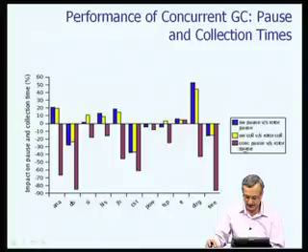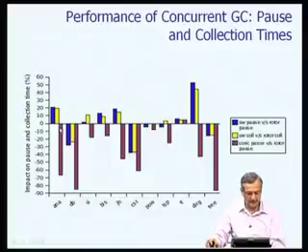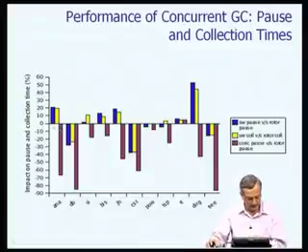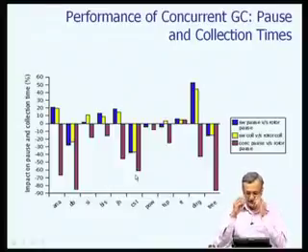So, let us take the last one, that is concurrent pause versus the original rotor pause. You can see that the concurrent pause time has really reduced, in some cases by up to 85%, and in some cases by about 15% or even 5%, but in general all of them have reduced. That is the indication when the bars are on the negative side.